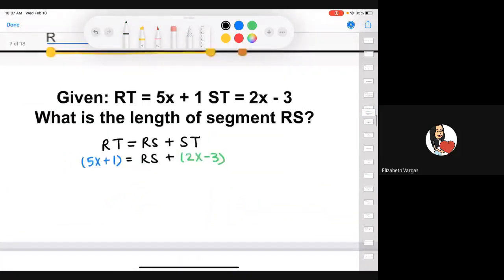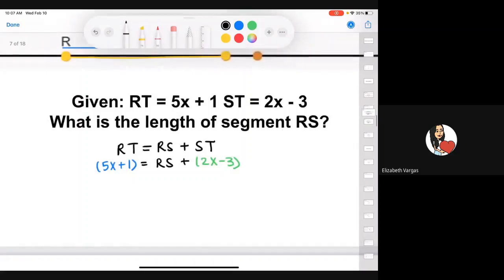Okay, and so I'm going to go ahead and move this equation over here.